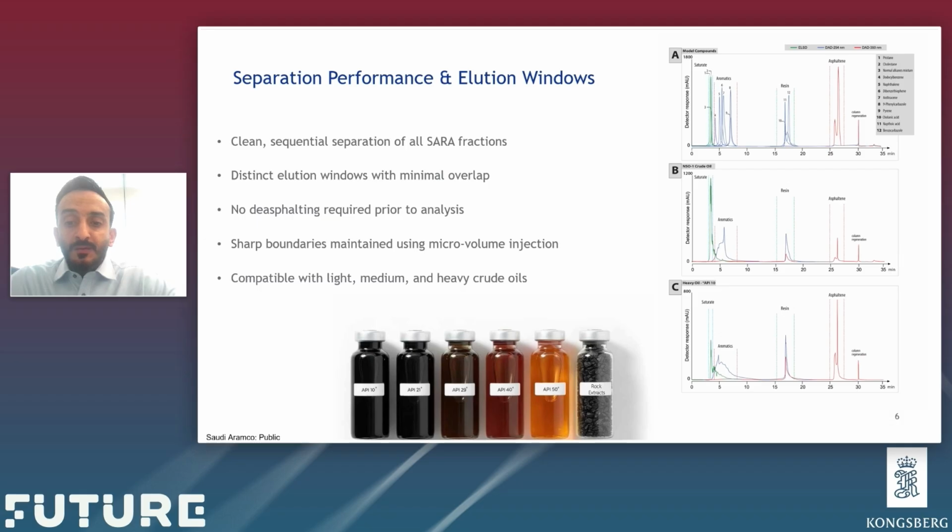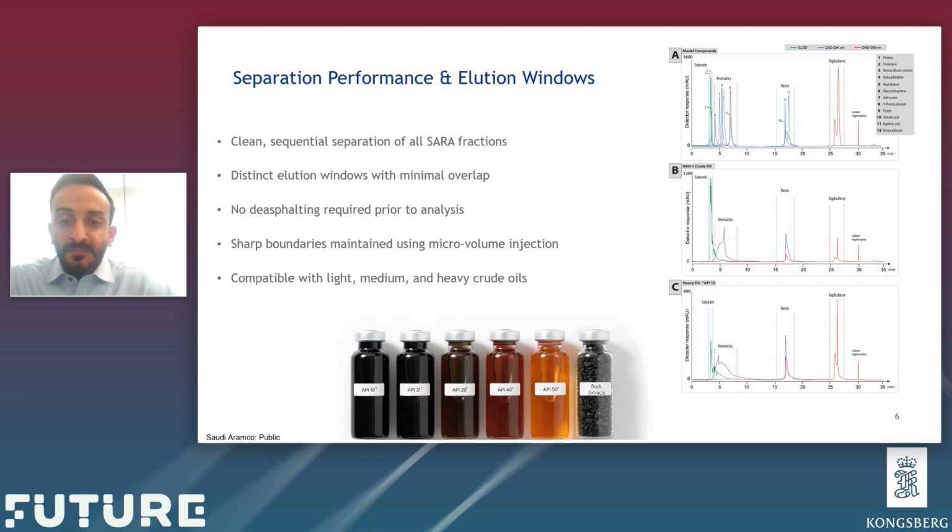This eliminates one of the biggest issues in traditional SARA workflows, which is cross-contamination, either between the saturates and aromatics or between the aromatics and the resins. The method doesn't require any deasphaltening step, so direct injection to the system is possible. And this, again, improves the analysis time frame and reduces inconsistencies in the analysis.